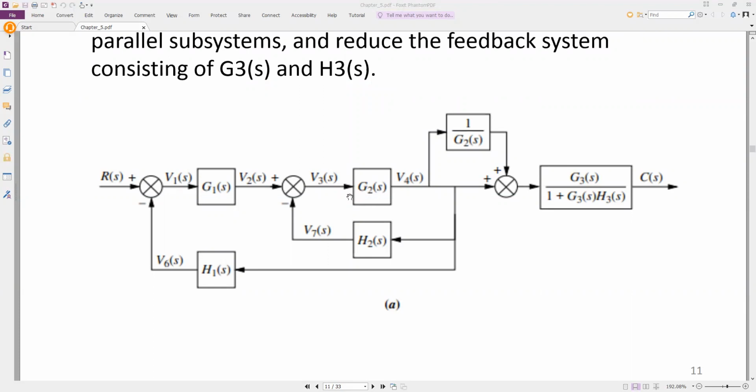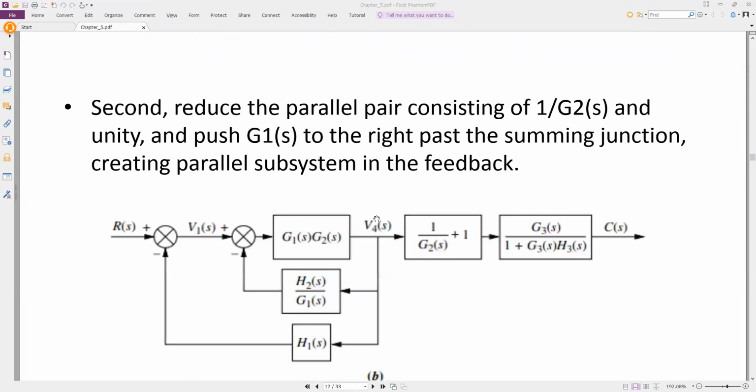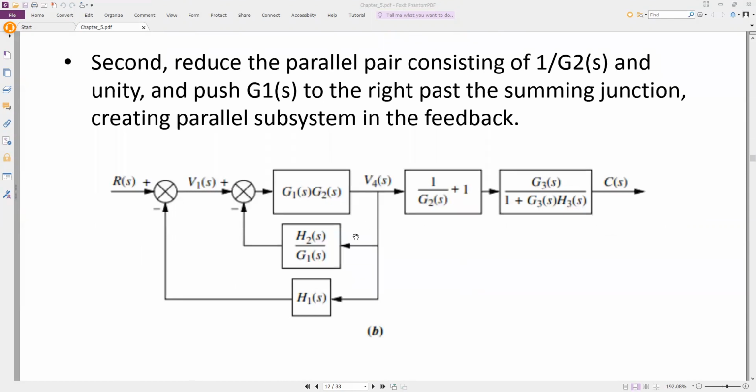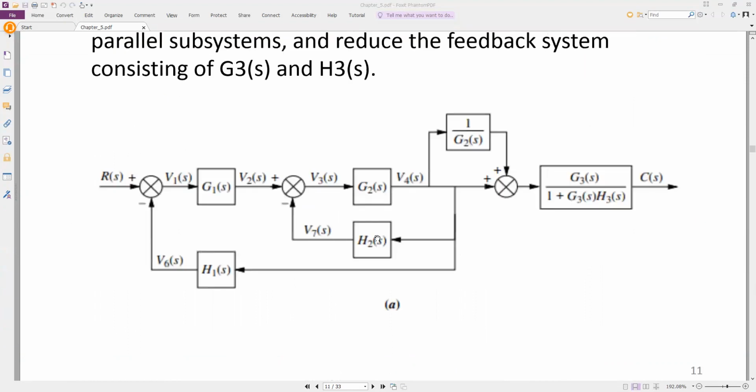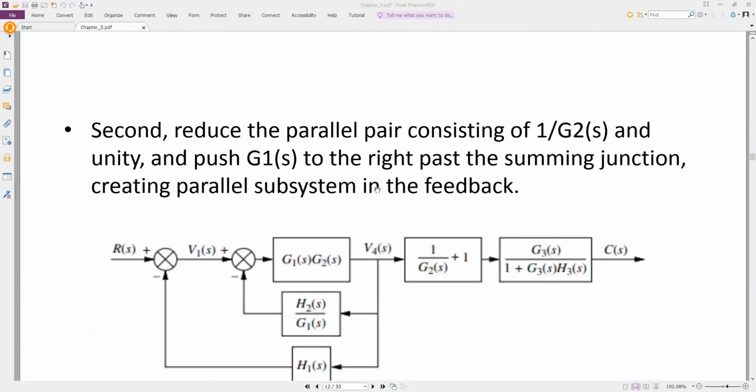And instead of this, we reduce this one, G2 by 1 plus H2. Or just move around. G1, G2. So this is G1, G2.